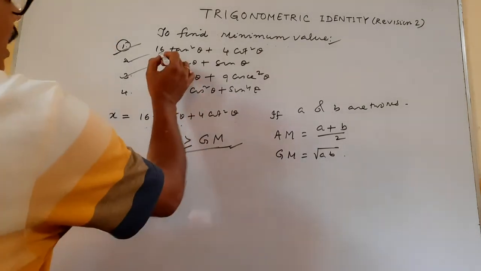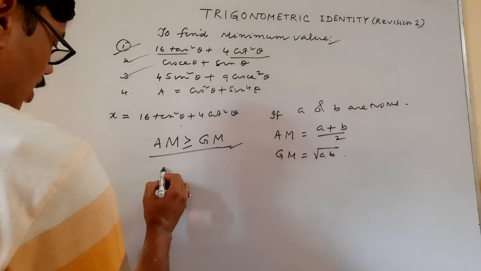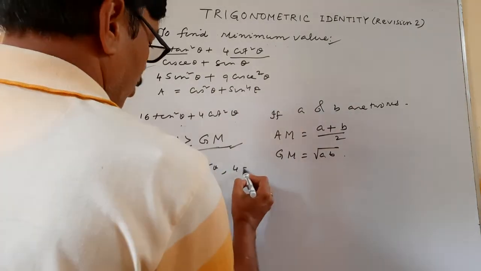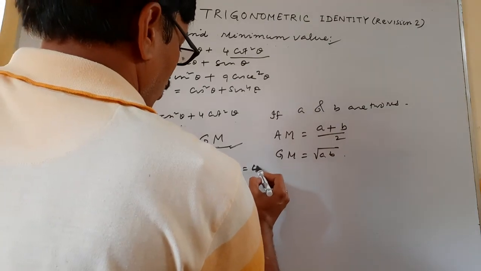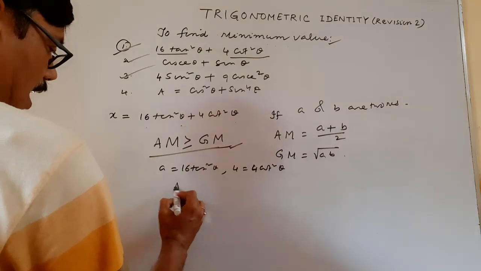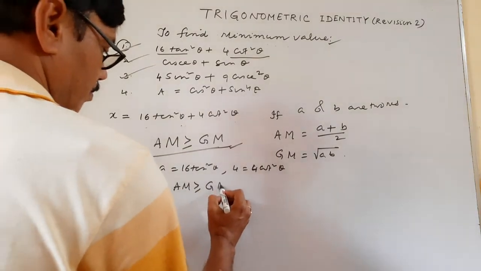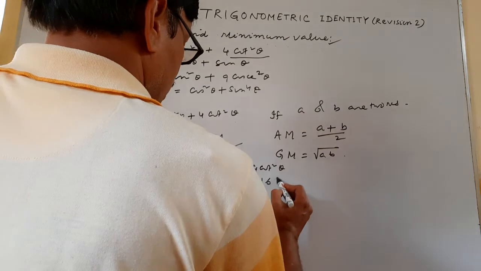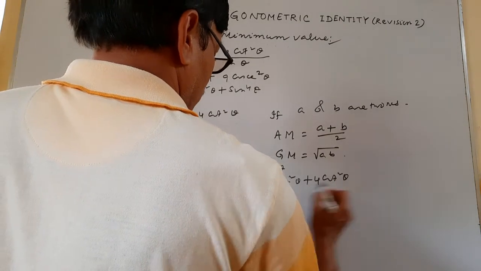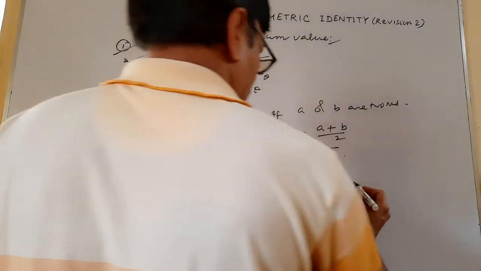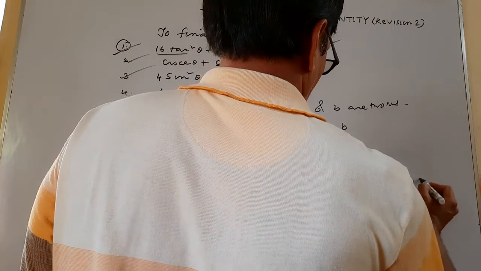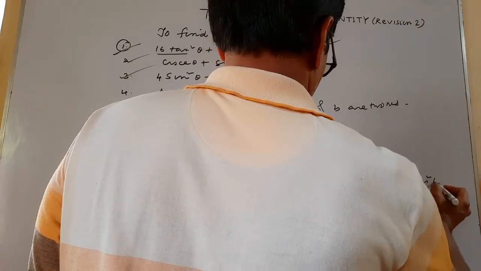Look, this is a and this is b. So a equals 16 tan square theta and b equals 4 cot square theta. So AM greater than or equal to GM implies (16 tan square theta plus 4 cot square theta) by 2 is greater than or equal to root over (16 tan square theta times 4 cot square theta).